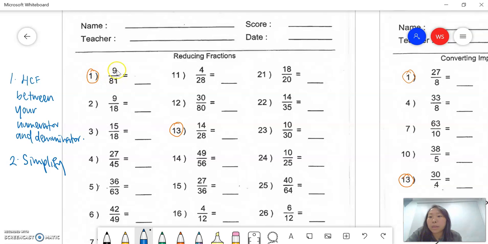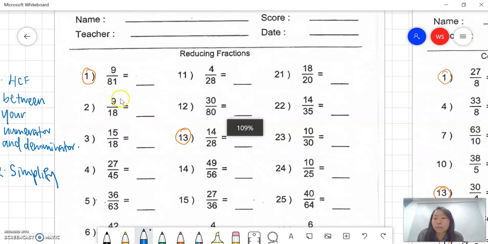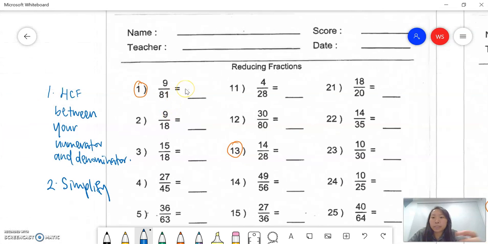For question 1, we have 9 over 81. A common factor between your numerator and your denominator is 9. So zooming in on your numerator, 9 going into 9 will just give us 1. 9 going into 81, so 81 divided by 9, will give you 9.